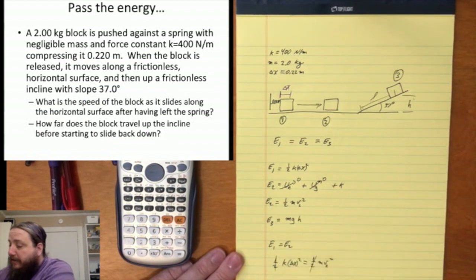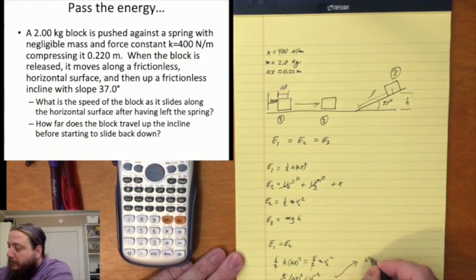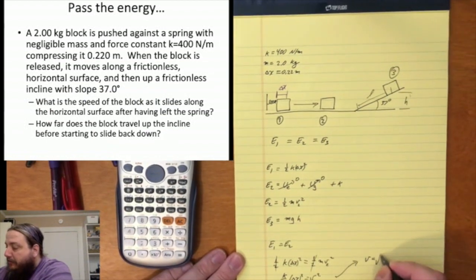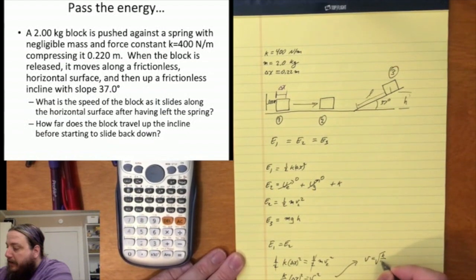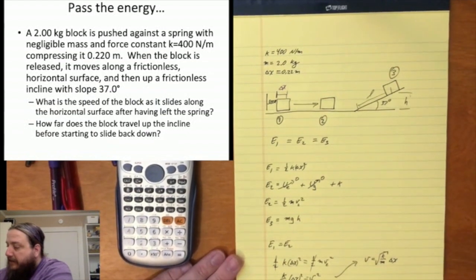We can go ahead and cancel out the 1/2s on each side, divide the mass over. So k over m times delta x squared equals v squared, which would then say that our speed is the square root of k over m times our delta x.